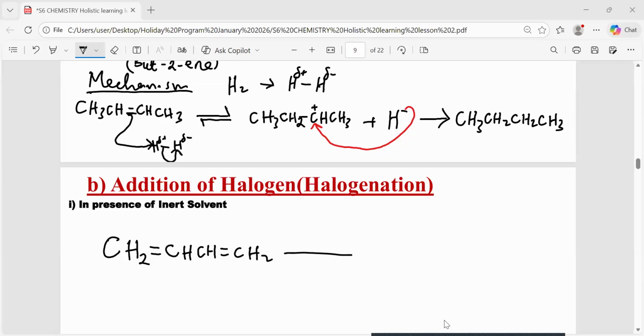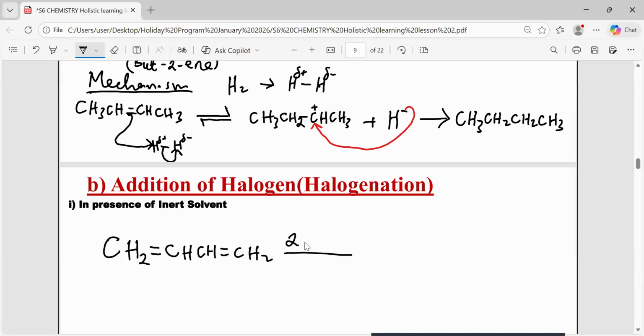Now, since there are 2 double bonds, we are going to need 2 moles of hydrogen, maybe in the presence of a nickel catalyst at 150 degrees Celsius. There will be 2 moles of hydrogen, because 1 mole of hydrogen will be taken by 1 bond here, then the other one will be taken by this one. I believe we are good to go.